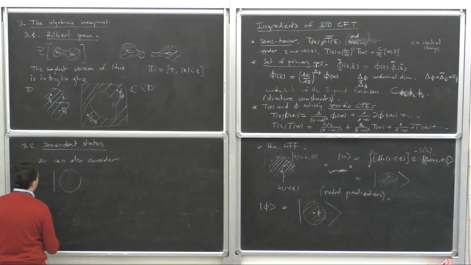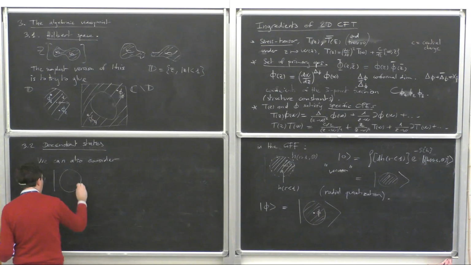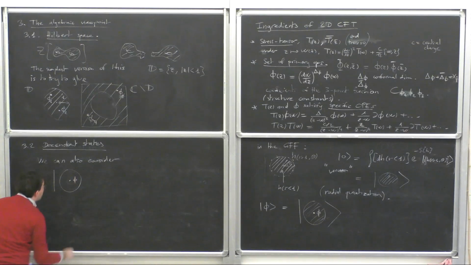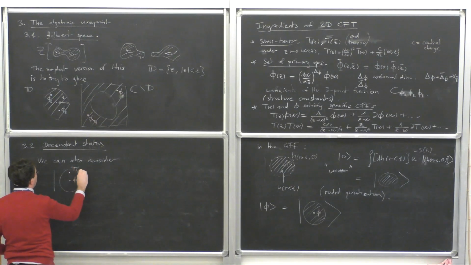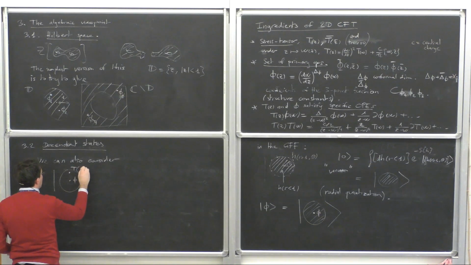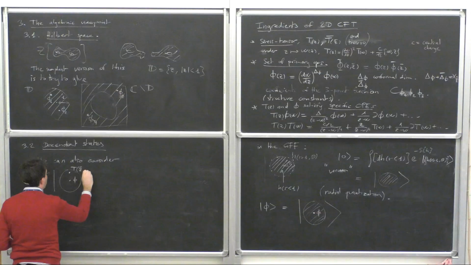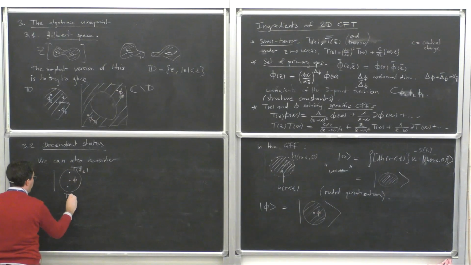We take our disk, we insert some primary operator phi here, and we insert some occurrences of the stress tensor at some points. Let's call them z1, z2, z3, and so on.